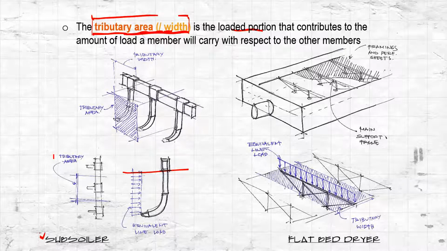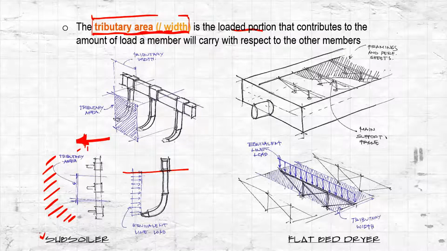If we look at the top view right here, imagine that the surroundings right here are soil. The motion of the subsoiler is towards, let's say, the right, or the left.